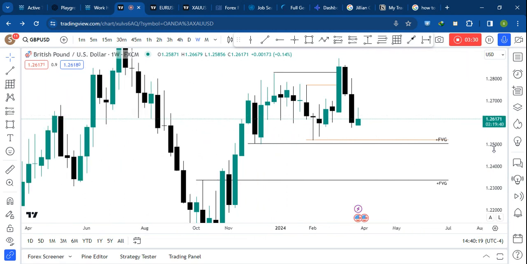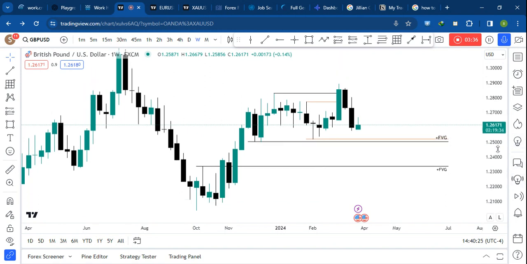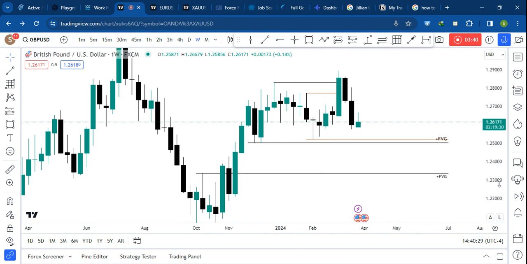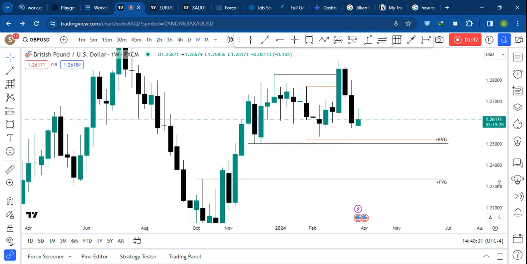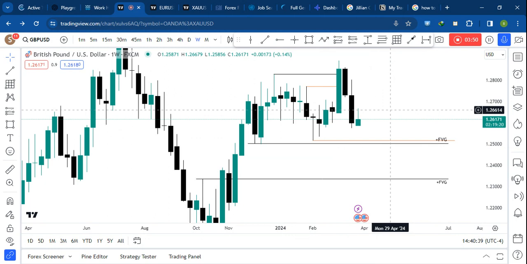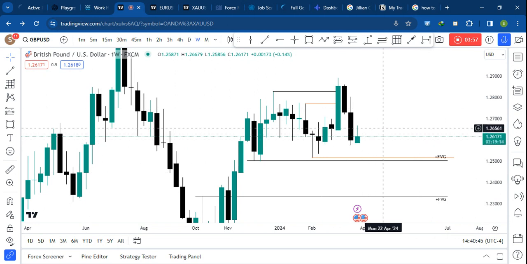On a weekly perspective, we are seeing a different story. The storyline that you're getting from this market on a weekly perspective is that the market is moving against the monthly trend.